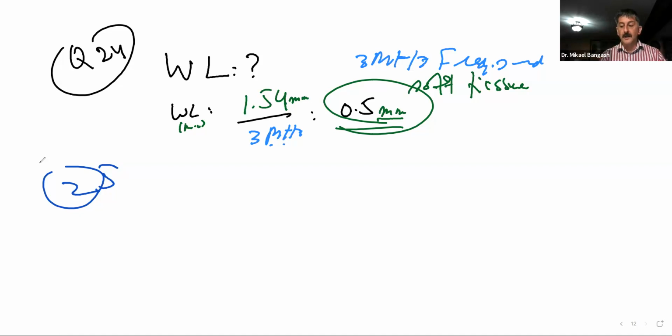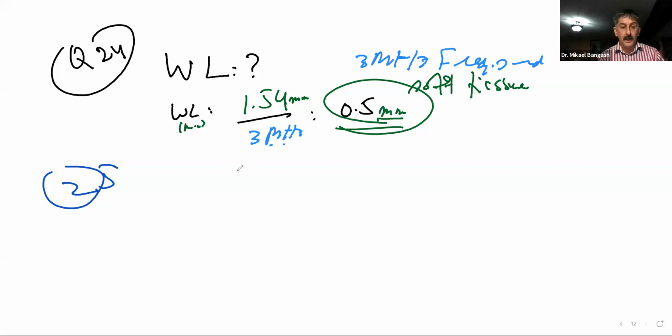Option A, 0.51 microseconds, that's time. 0.5 meters per second, that is speed. 0.41 pascals, that's pressure. 0.4 watts, that is power. 0.51 millimeters is the only one that represents wavelength.